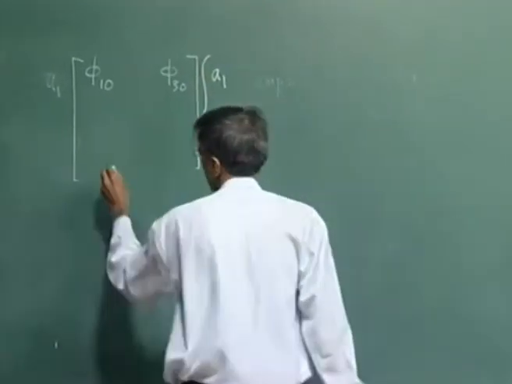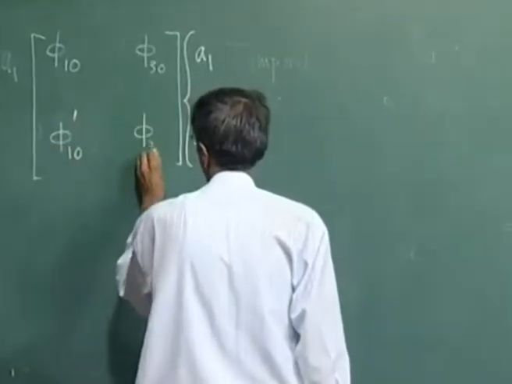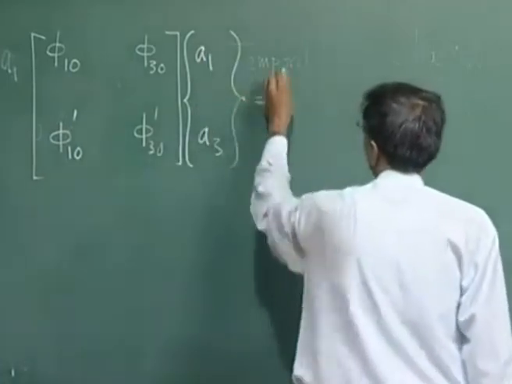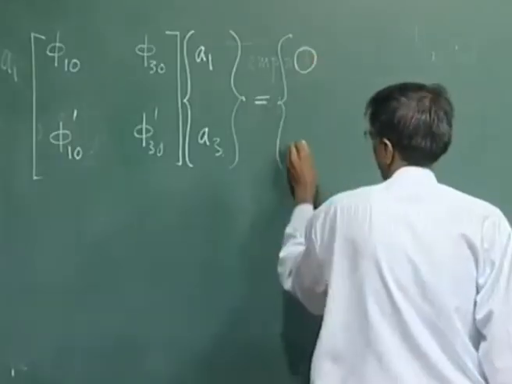And the second equation gives phi 1 prime at 0 and phi 3 prime at 0. And unfortunately, in stability theory, the right hand side is given as 0.